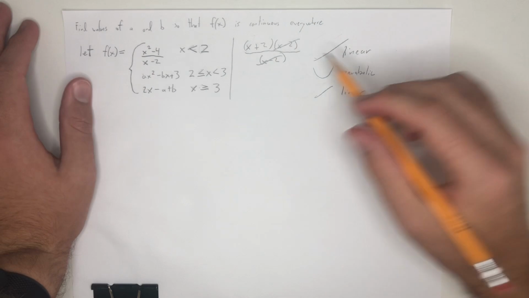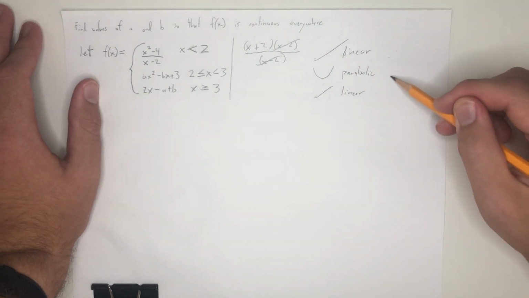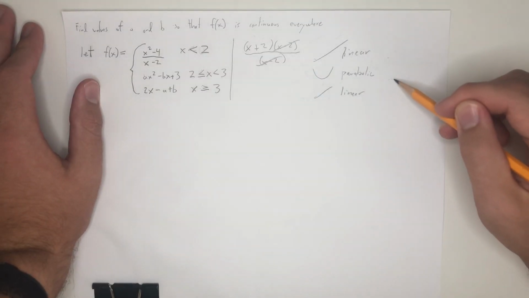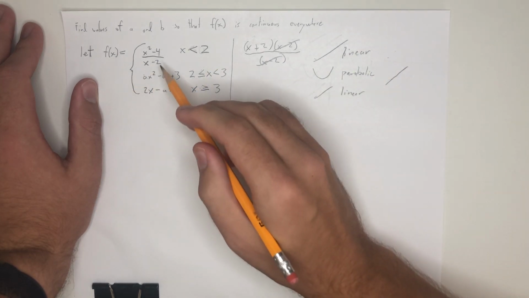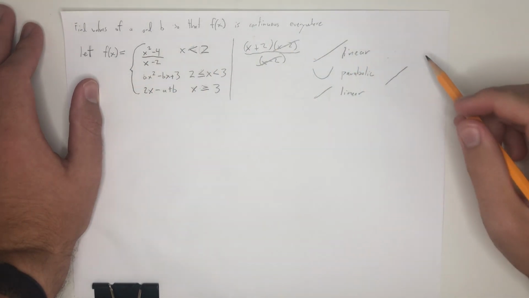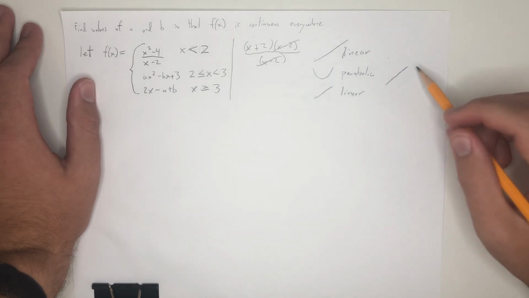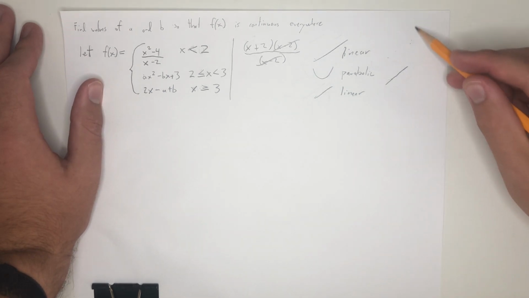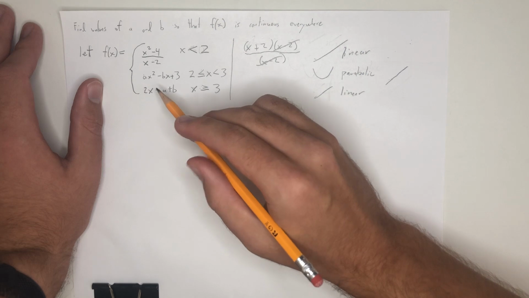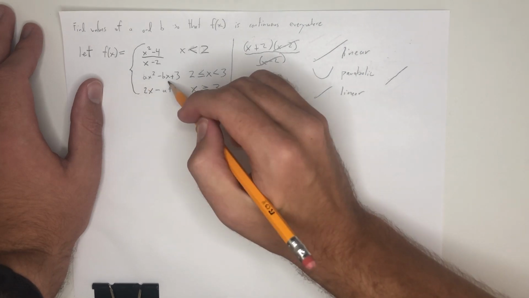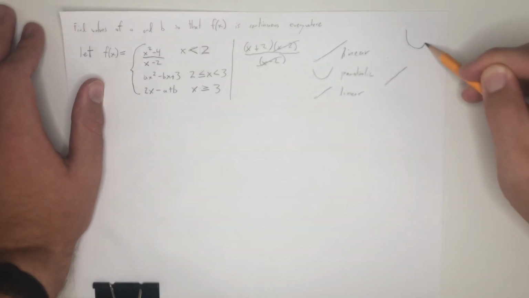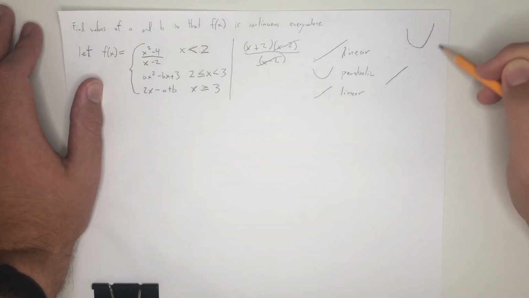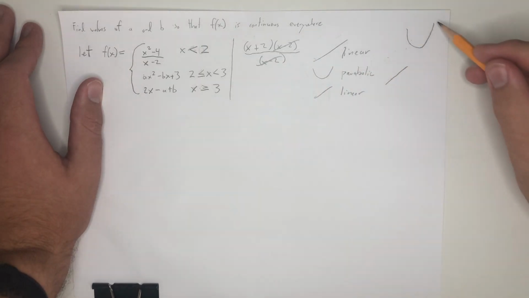So what this is really saying is that if we had some graph, it would be linear at first. There are no extra variables in the first section, so it's just the line x plus 2. Then the next section depends on a and b, so it's some parabola. And then our next section is linear again.